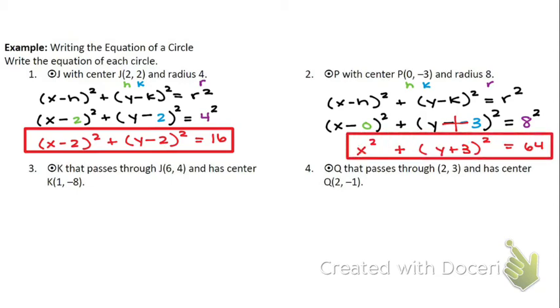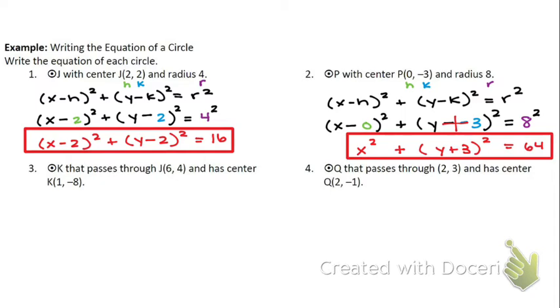All right, number 3. Again, I'm writing the equation of each circle, and this time I'm writing an equation of circle K that passes through 6, 4 and has a center at K, which is at 1, negative 8. Notice this time they didn't give us all of the information that's used in our formula, right?